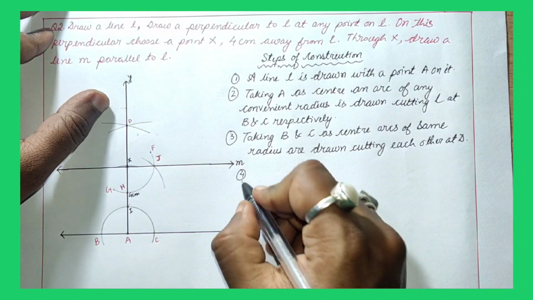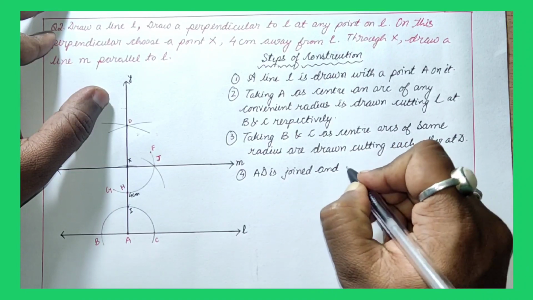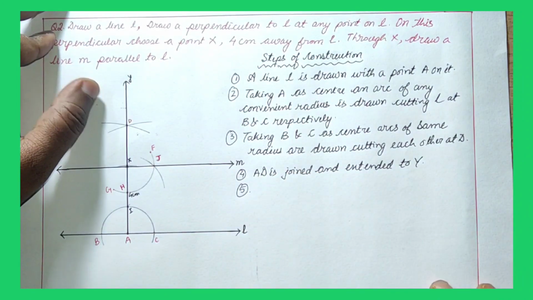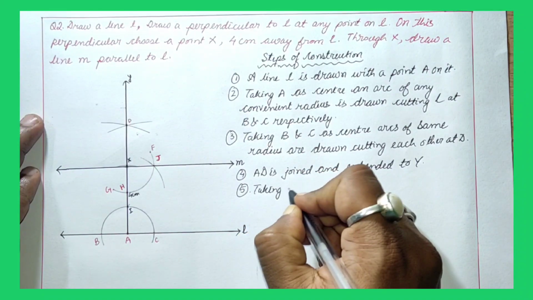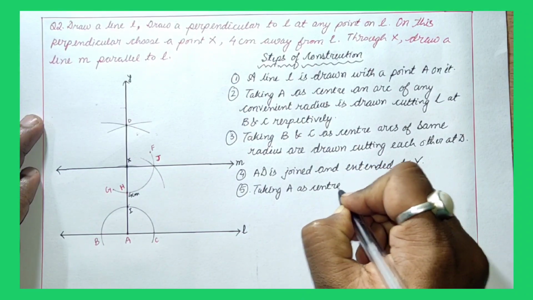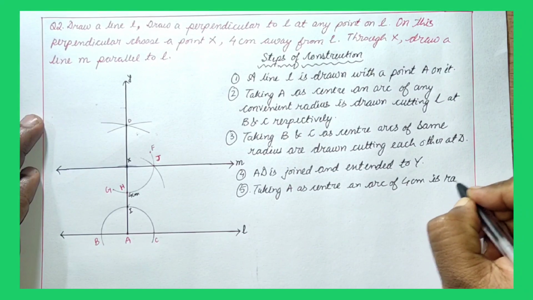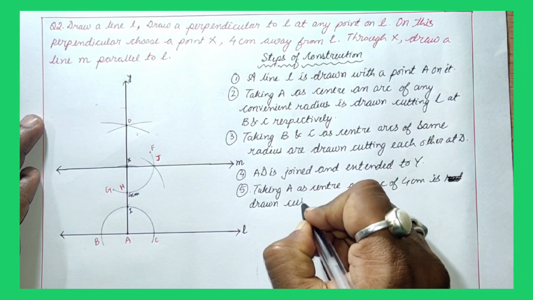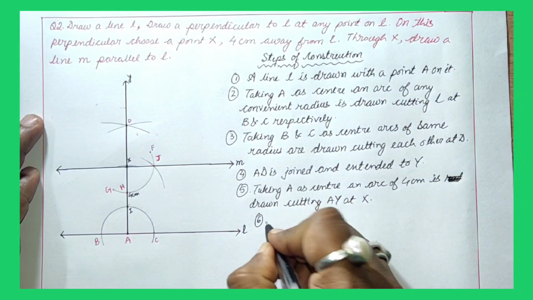So AD should be joined and extended to Y. Then number 5, taking A as center, an arc of radius 4 centimeter should be drawn, cutting AY at X.